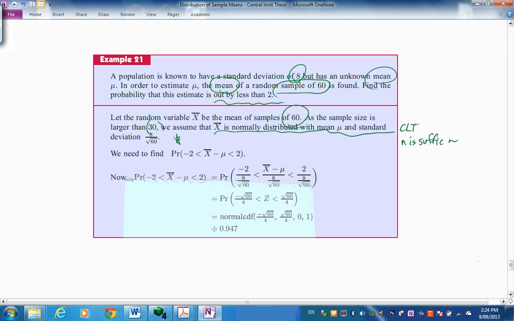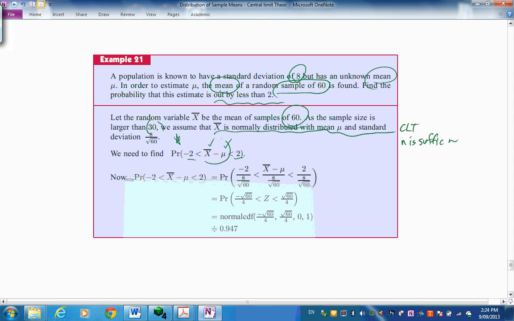Now we said before we usually use z-scores for unknown mean, and that's true. So this is x bar minus mu, our mean minus the original, has to be out by less than 2. Negative 2 is less than x bar minus mu, less than 2.